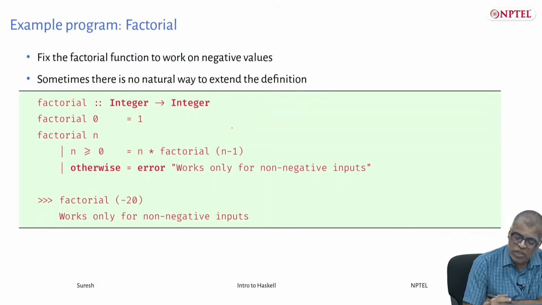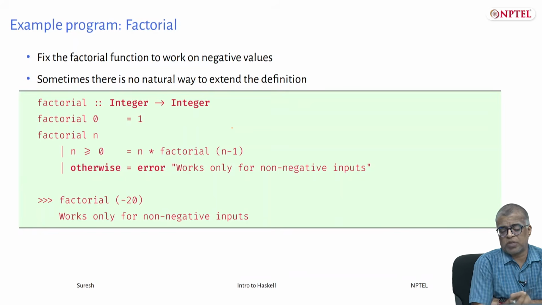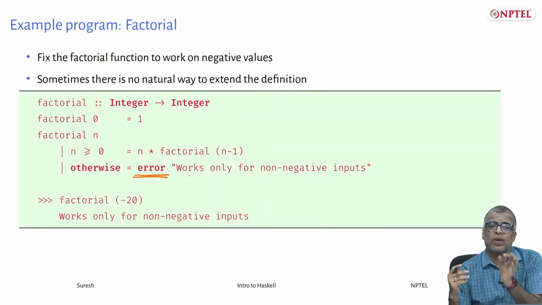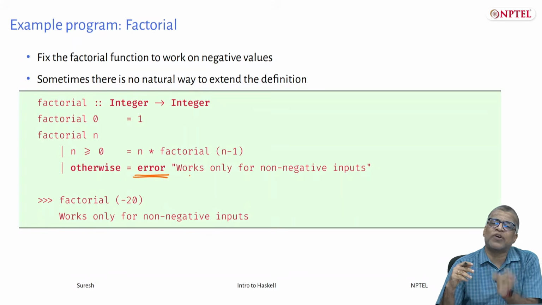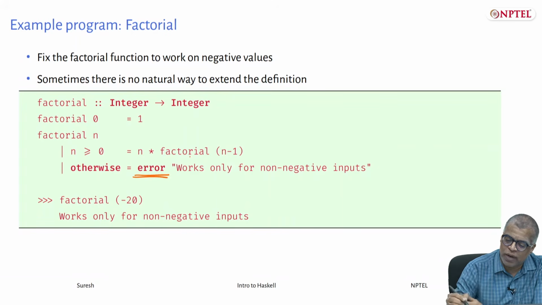Or this is something that we will see more of later. Whenever you have a situation where there is a possible error, then you can actually write error. Error is a function that you can place in any function definition and you give an error message as argument.